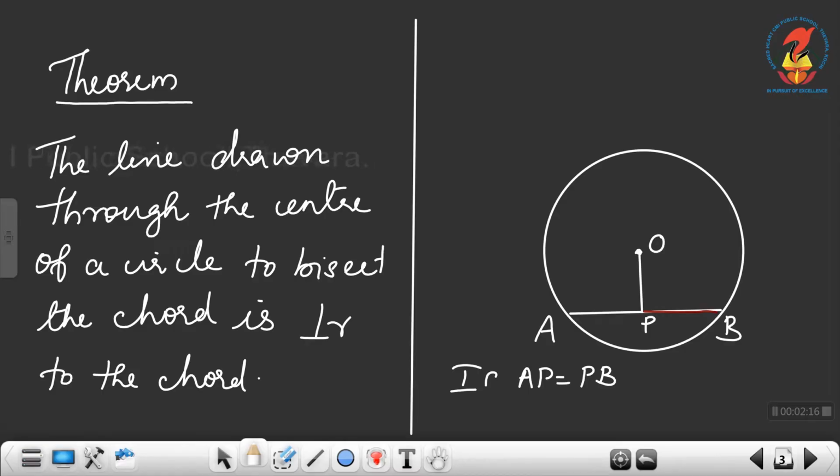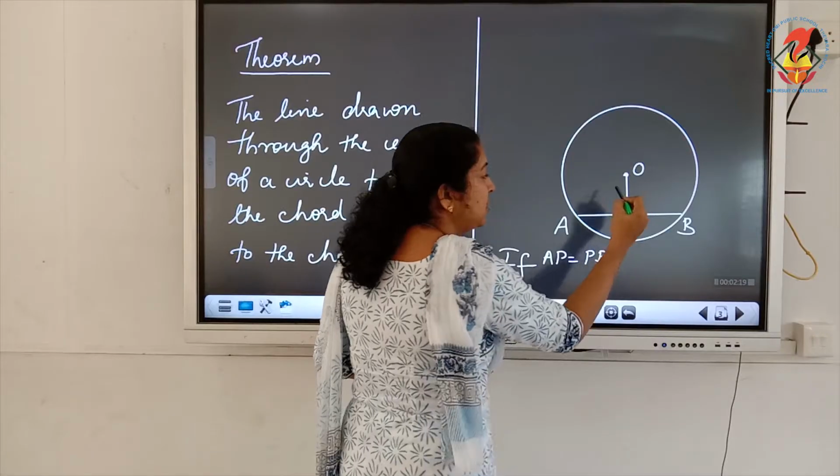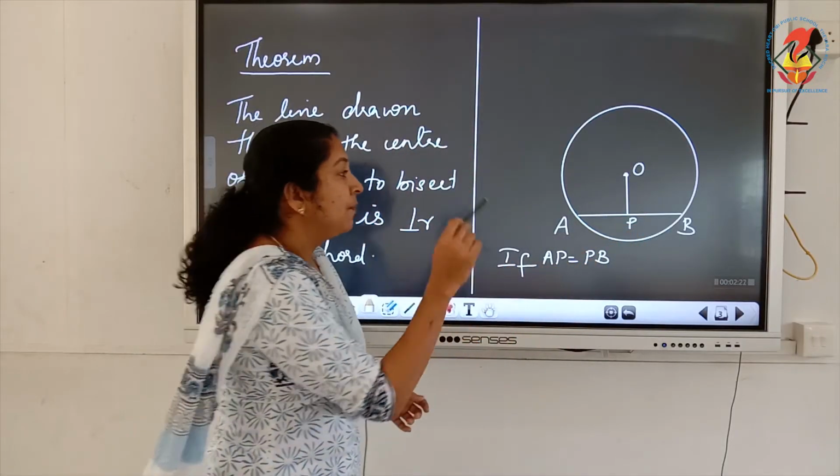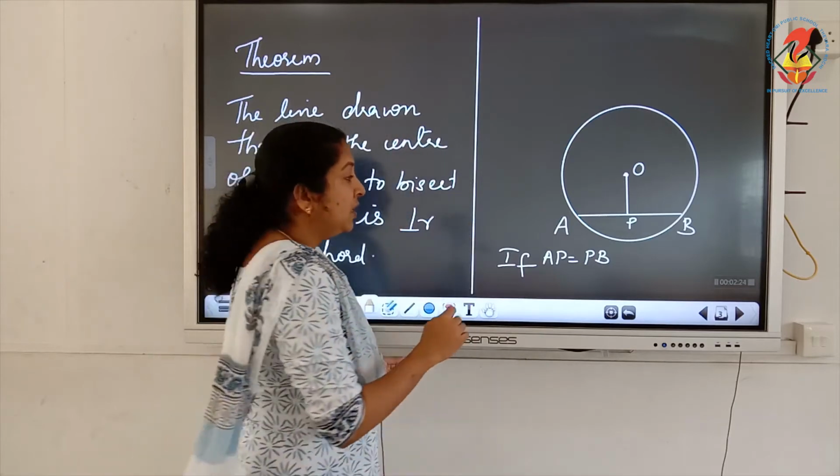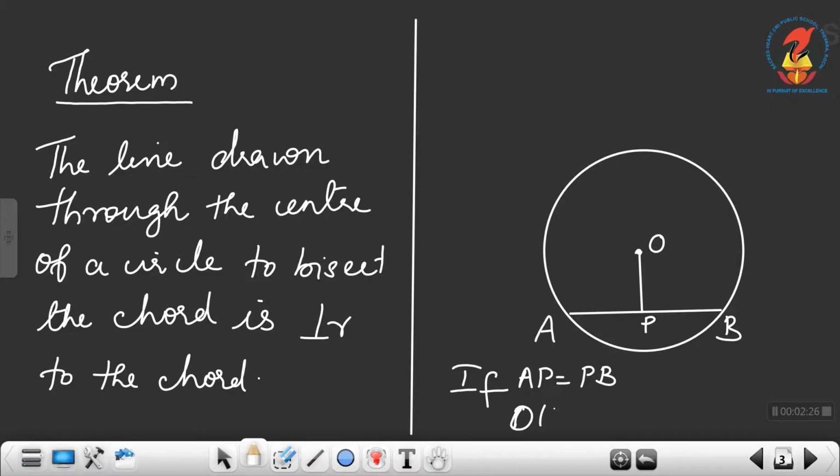That means if a line is drawn from the center to a chord in such a way that AP is equal to PB, then OP is perpendicular to AB.